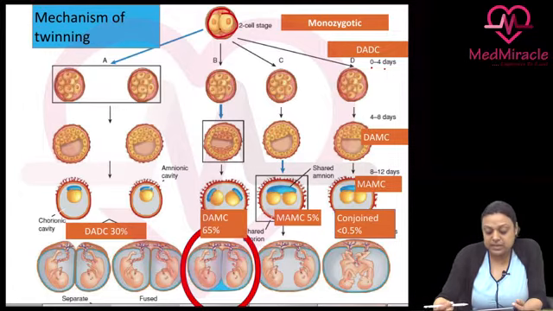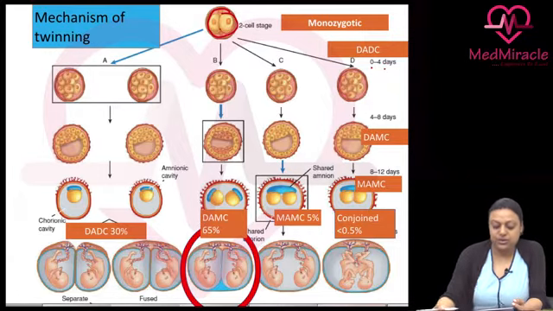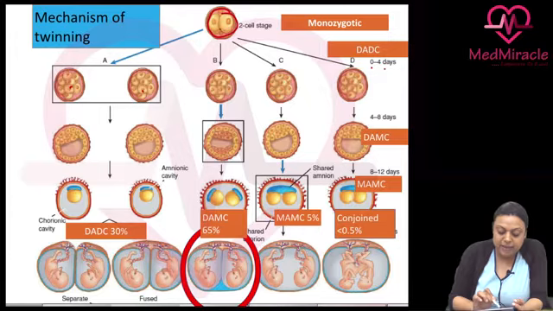So in cases of division of the zygote from 0 to 4 days, it is diamniotic dichorionic. Why? Because the zygote gets divided and both the chorionic cavity and amniotic cavity will be separate. So this forms the DADC twins.